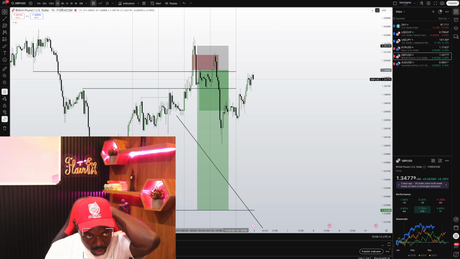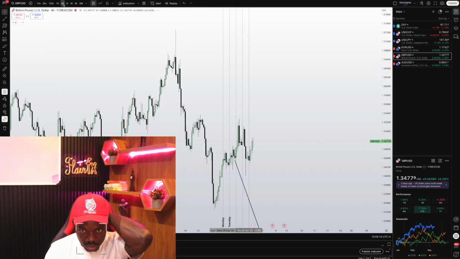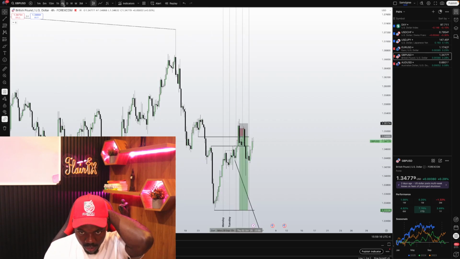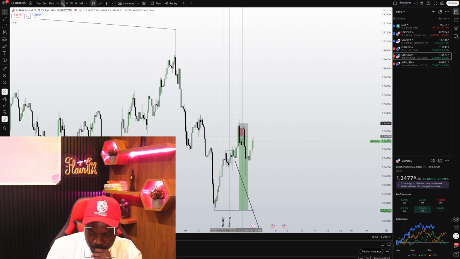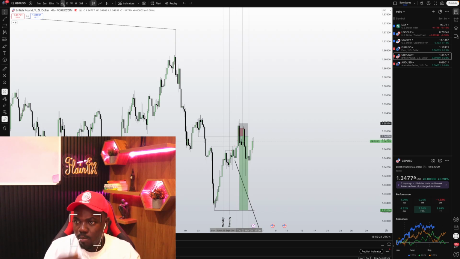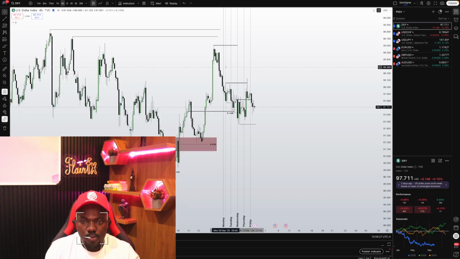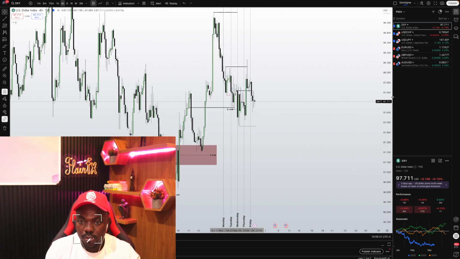let's see the 4-hour time frame and see what we have. Close candle, this full candle.